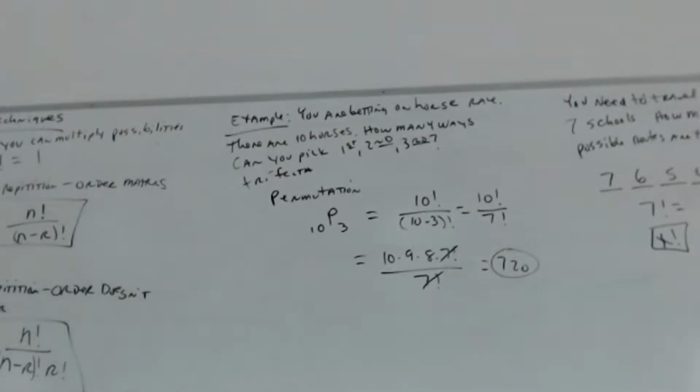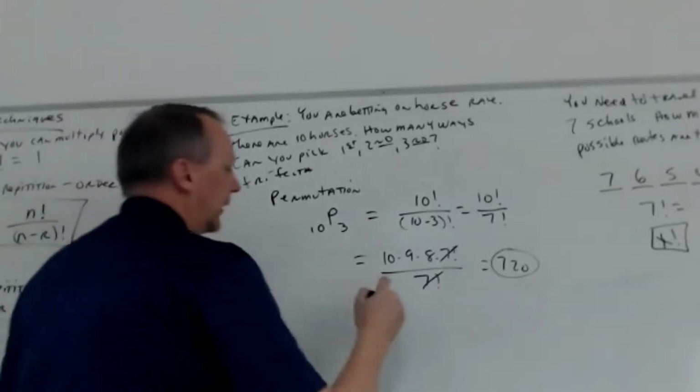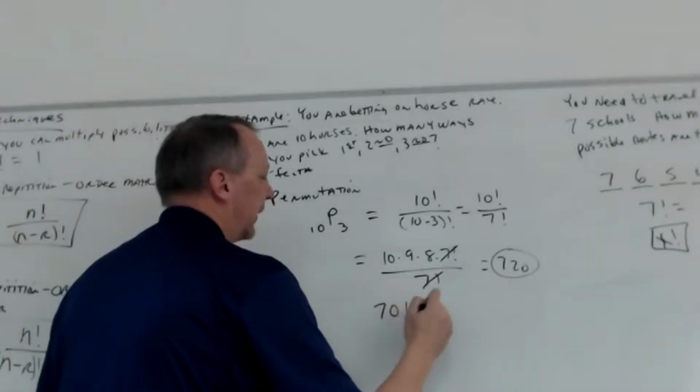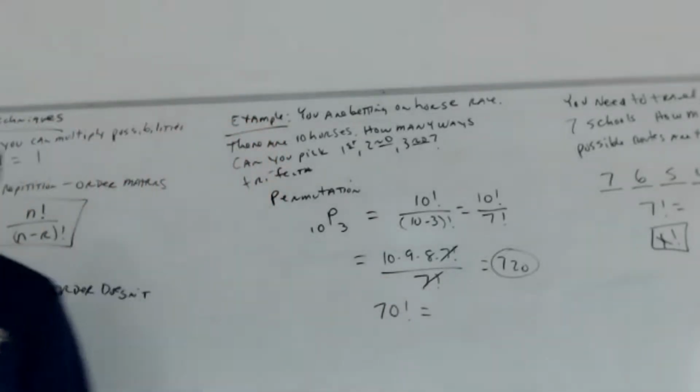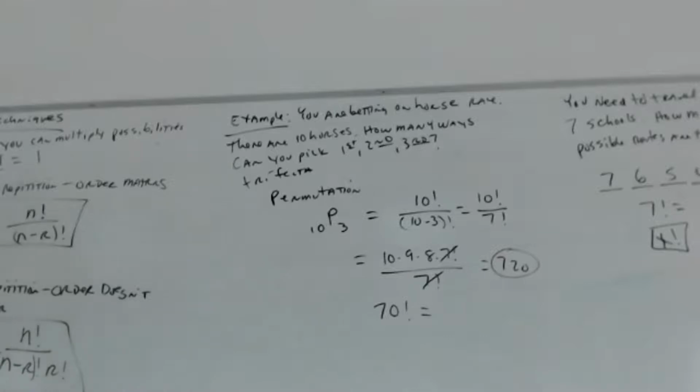Now, I'm showing you this technique because I want somebody to, on their calculator, tell me what 70 factorial is. Well, yours worked? Mine says overflow.